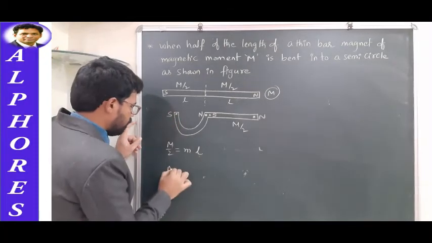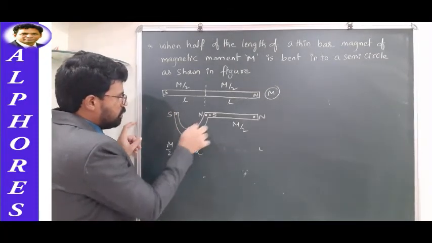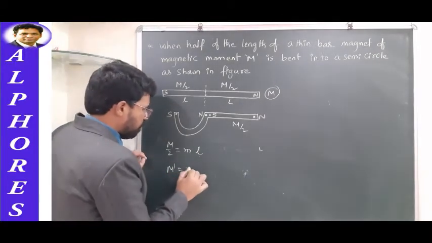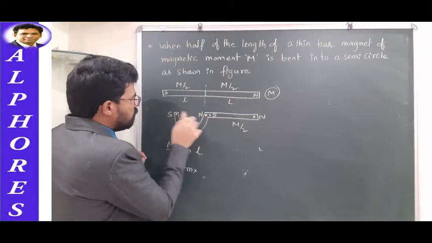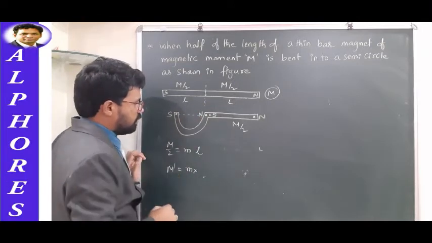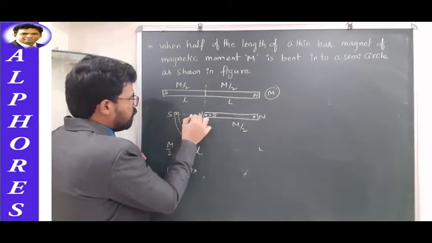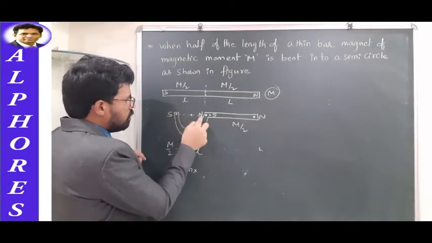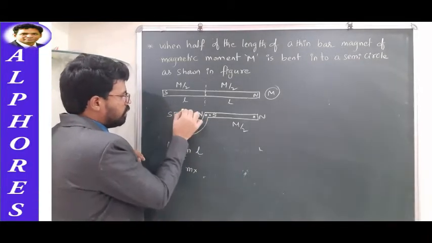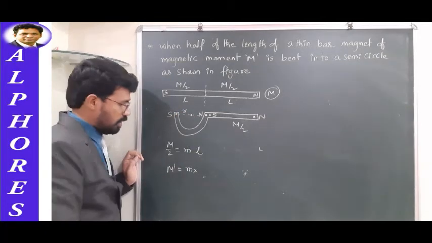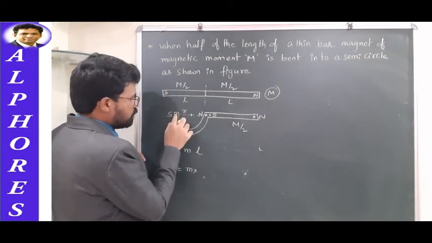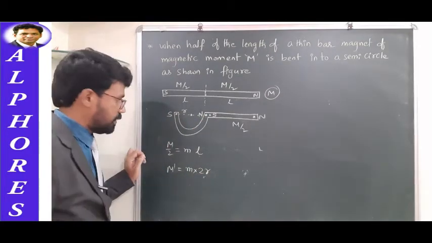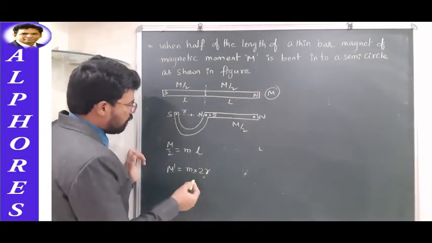The magnetic moment of this new semicircle shaped magnet is the pole strength multiplied by the separation between the two poles, which is the diameter. Let the radius of this semicircular portion be r. Therefore, the distance between this south pole and this north pole is 2r. And we can find that r as well.